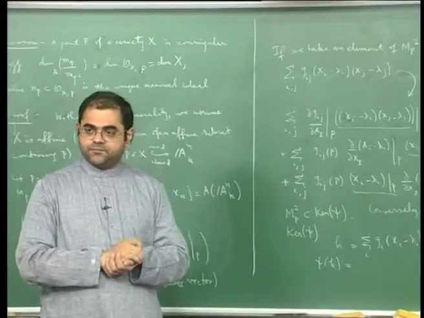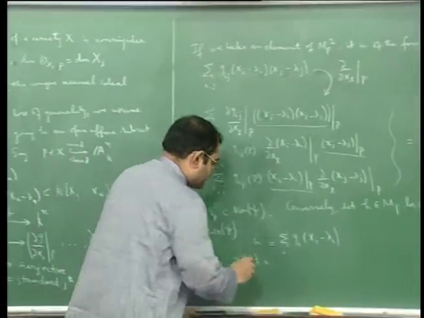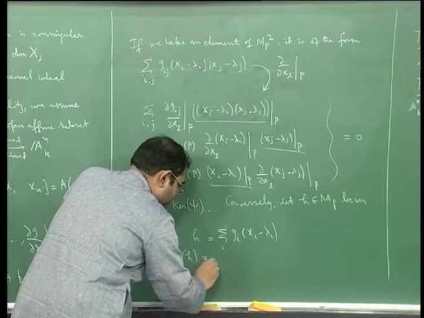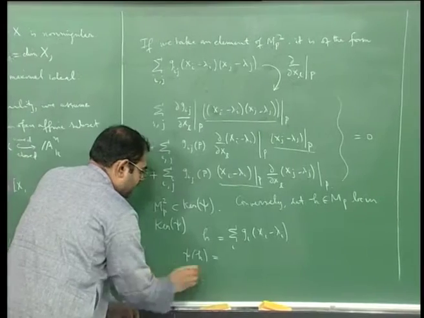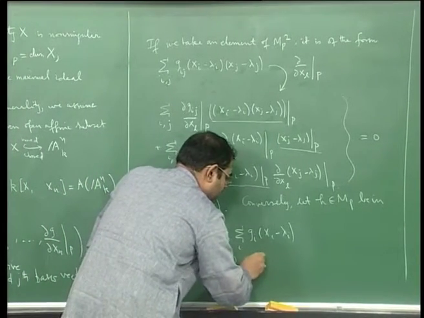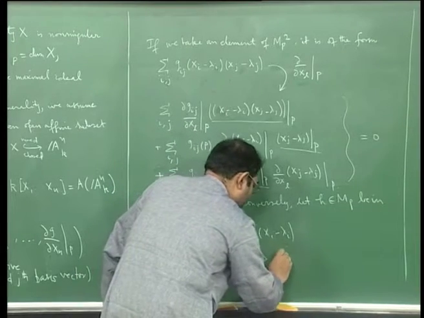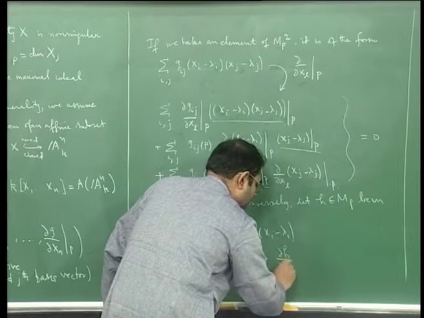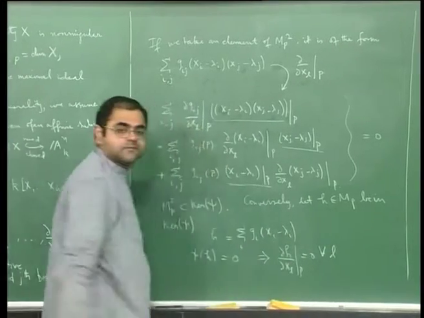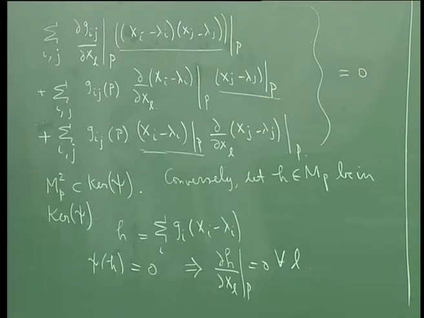So if psi of H is 0, this tells you that dou H by dou XL at P is 0 for all L.